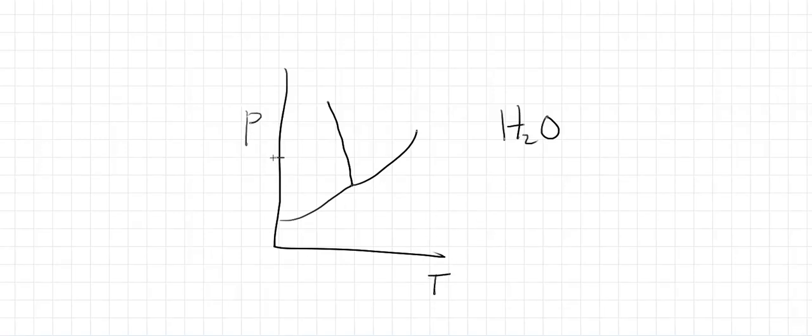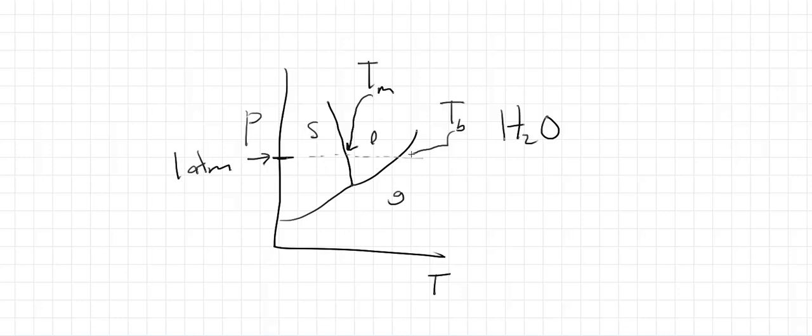If this is 1 atmosphere here, then we can just draw a little dotted line across here, and let me just annotate this again, solid, liquid, and gas, that the normal melting point we can see is right there, and the normal boiling point we can see is right there, where it crosses 1 atmosphere.